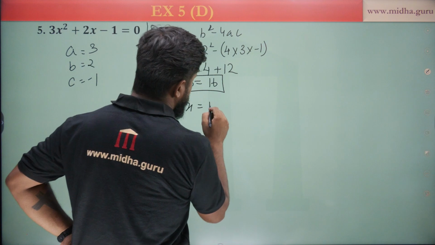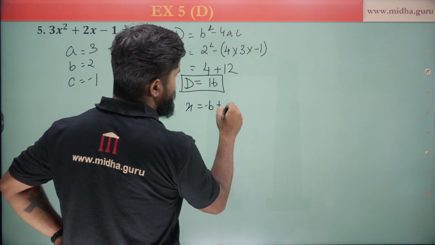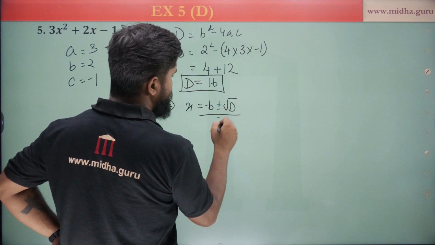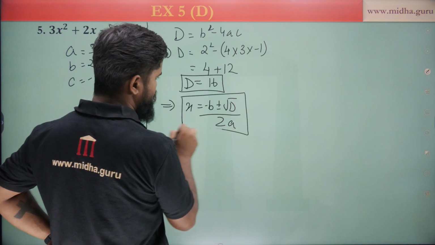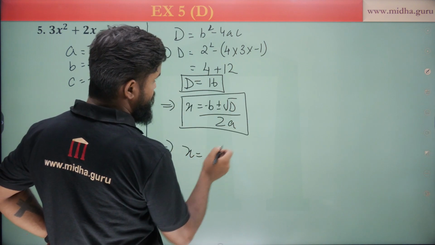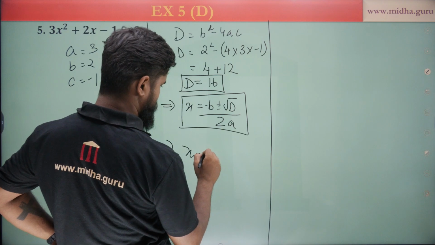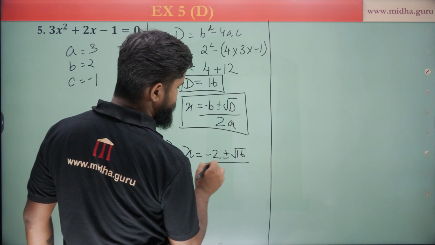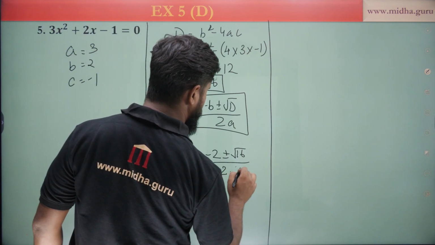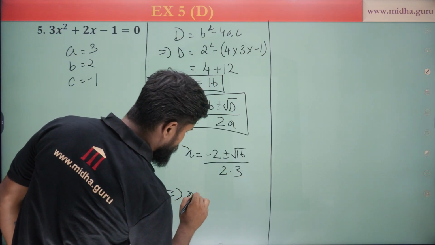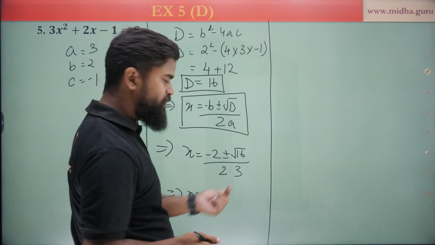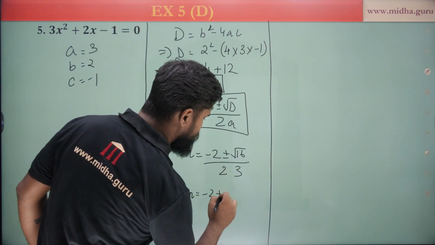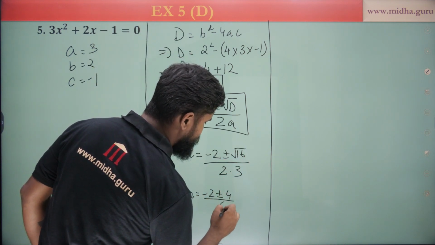Now x is equal to minus of b plus or minus the root of the discriminant divided by twice of a. So x is equal to minus of b, that is minus 2, plus or minus the root of 16 divided by twice of a, which is nothing but 3, so 2 into 3. So x is equal to, now the root of 16 will be 4. So minus 2 plus or minus 4 by 6.